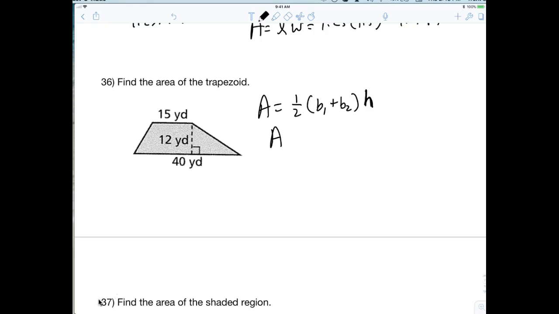All right. A equals 1/2 times 15 plus 40 times 12. Somebody tell me what that is. Anybody get that yet? Everybody good?